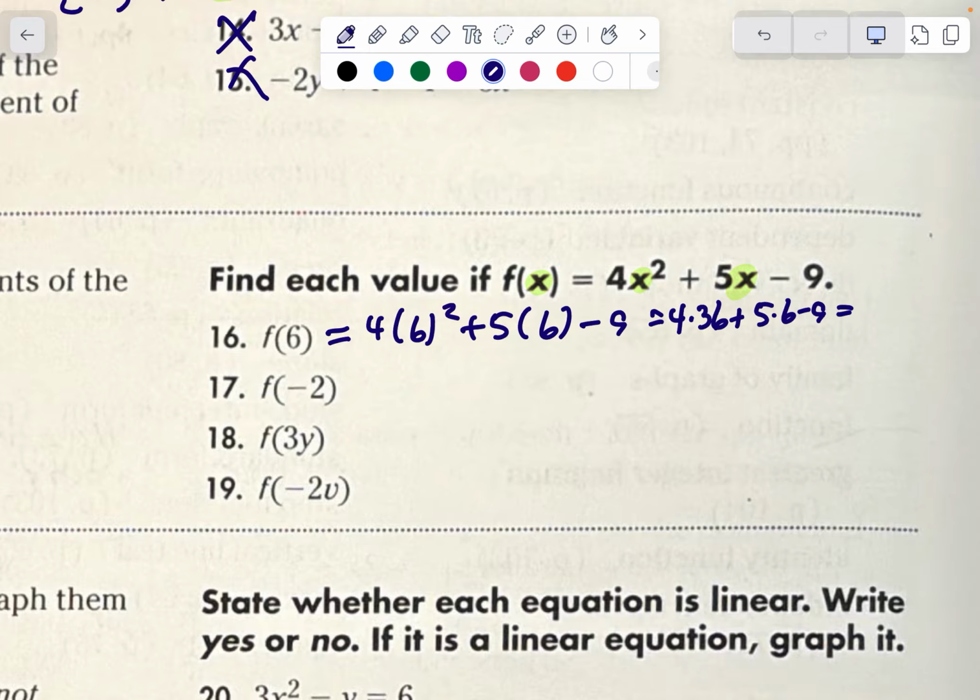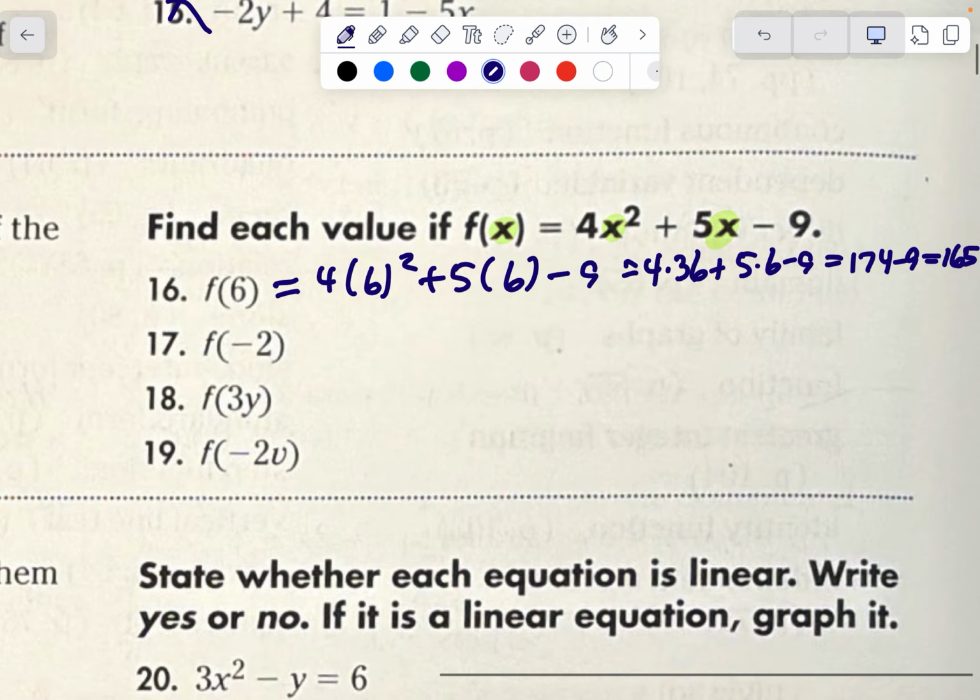I just don't have room, so I'm going to write 174 minus 9, which is 165. Okay? So just take out your x, replace it with a value.